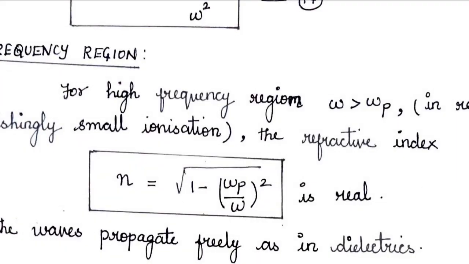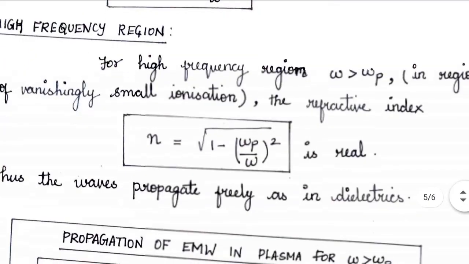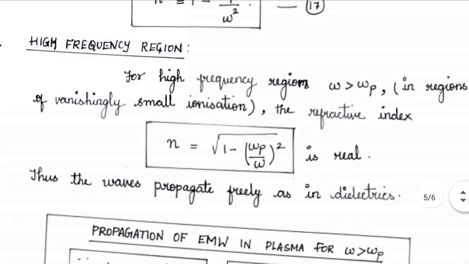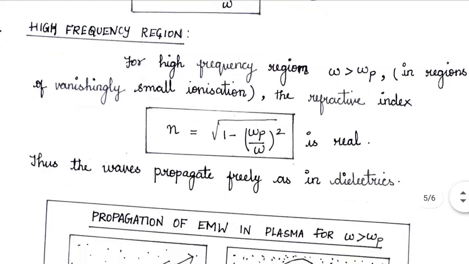So omega p by omega will be a small number, and 1 minus that small number will give us a positive value. So our n will be real, which suggests that the electromagnetic wave propagates freely as in the case of a dielectric medium. Okay.